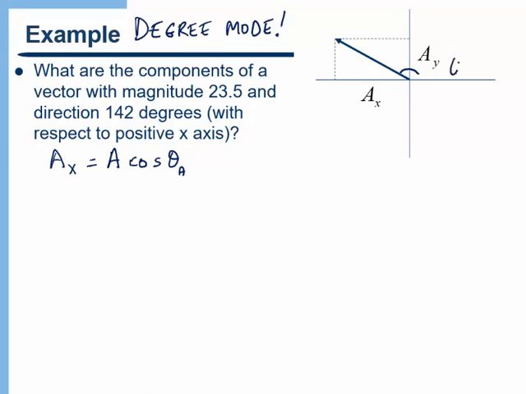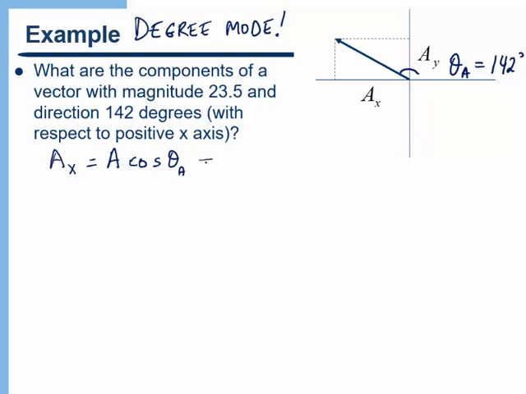We're told that theta a is 142 degrees. You want to make sure to plug in that angle, because if you always use the angle with respect to the positive x-axis, then not only will you find the components correctly, but you'll find whether they're positive or negative, and that's important.